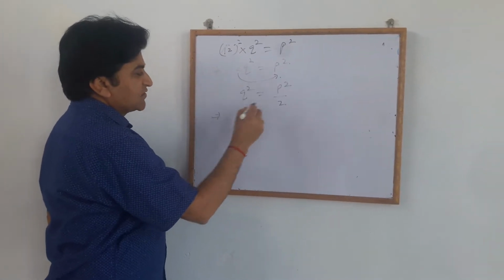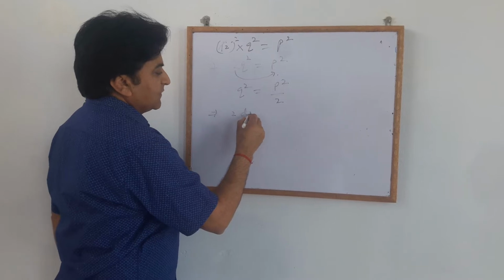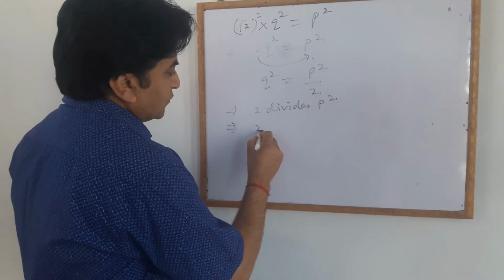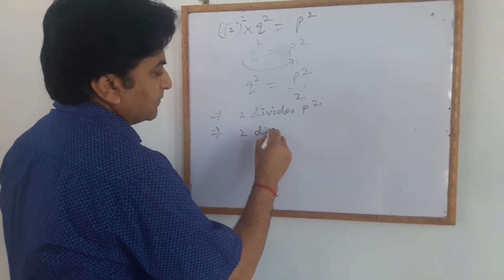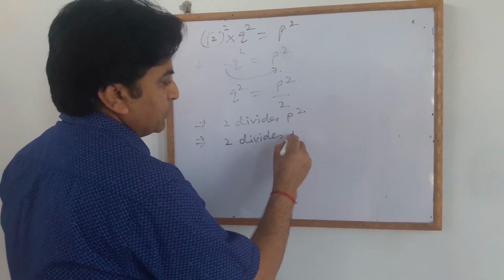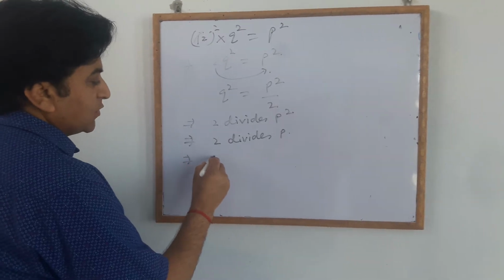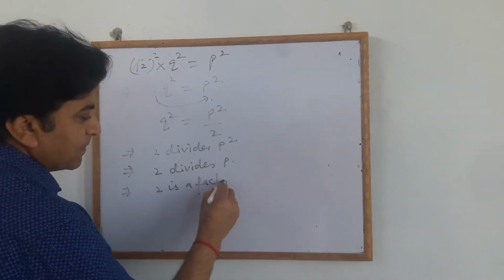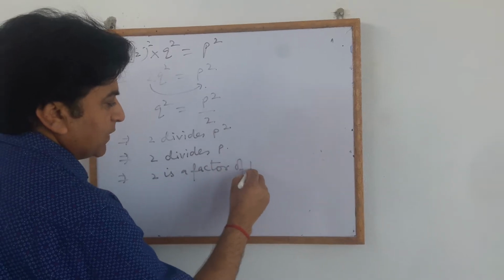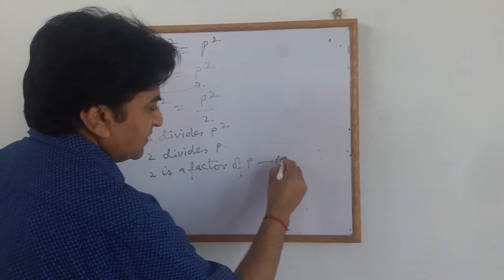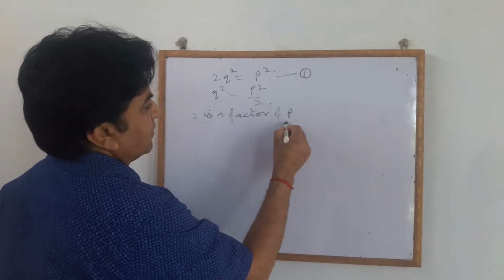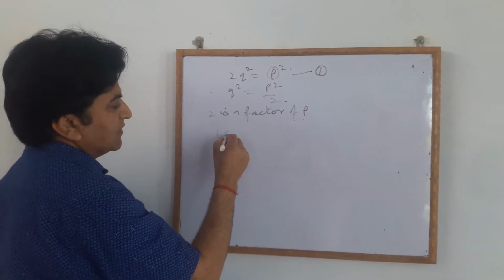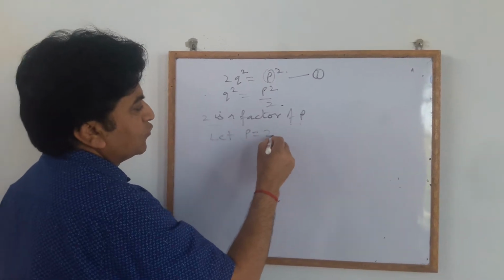So what three conditions we are getting? 2 divides p square, 2 divides p, which implies 2 is a factor of p. Consider this as the first fact about p. Let's suppose p is equal to 2k.